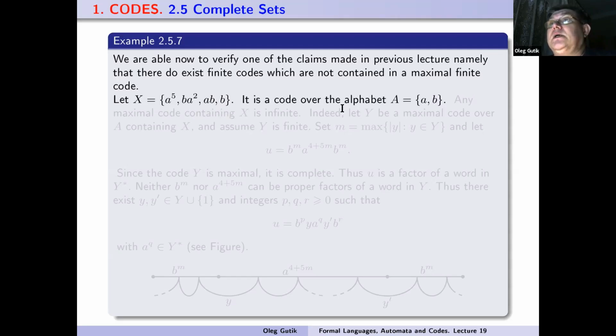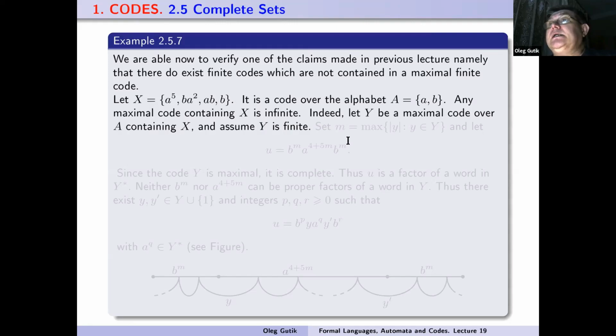It is a code. Our alphabet A consists of the letters a and b. Any maximal code containing X is infinite. Indeed, let Y be a maximal code over our alphabet A containing the code X, and assume that Y is finite.